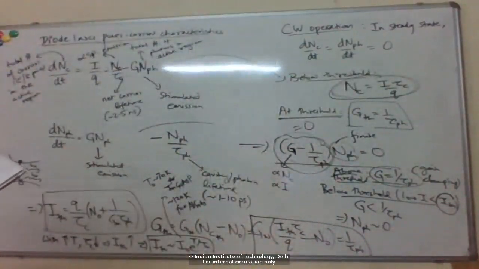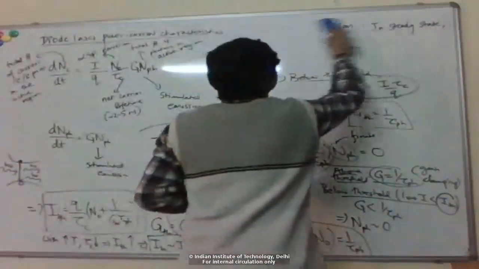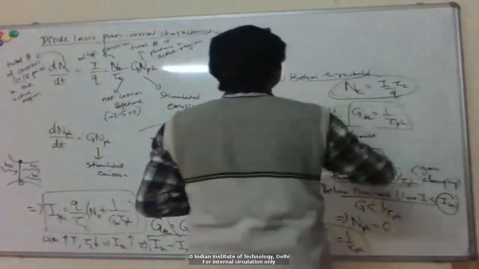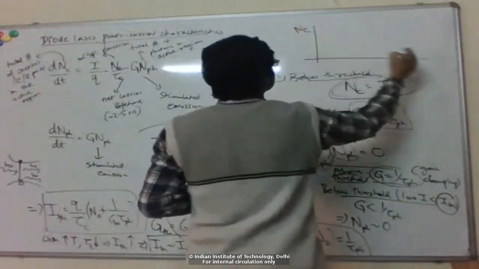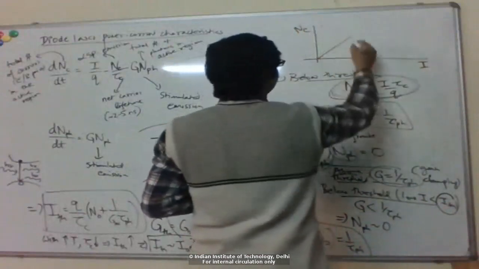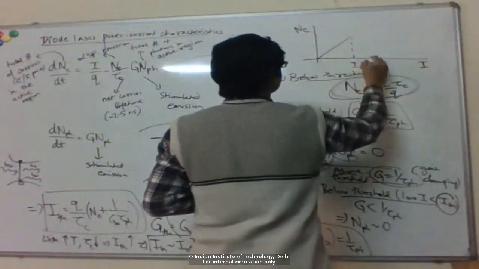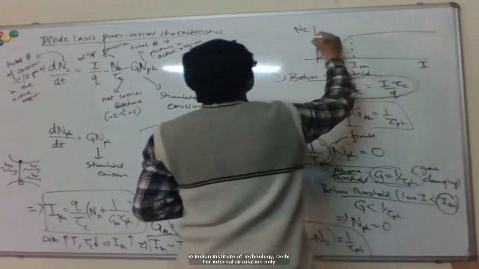So if I plot, for example, NC versus I, first it increases linearly with current up to I threshold. Then it just gets clamped at the threshold value.